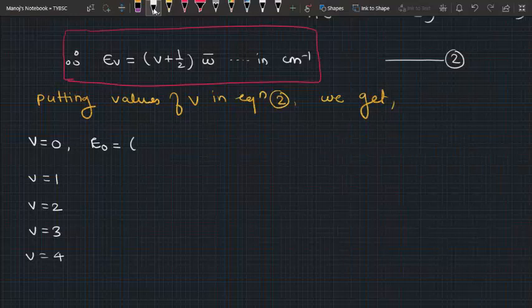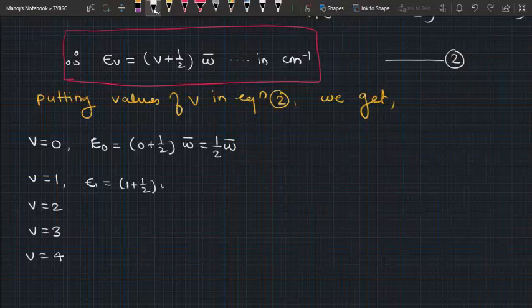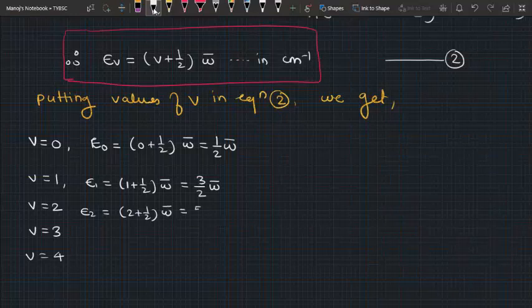In that case, epsilon 0 is equal to 0 plus 1 half omega bar, which is equal to 1 half omega bar. Then v equal to 1, epsilon 1 is equal to 1 plus 1 half omega bar, which is equal to 3 by 2 omega bar. Then epsilon 2 is equal to 2 plus 1 half omega bar, equal to 5 by 2 omega bar.